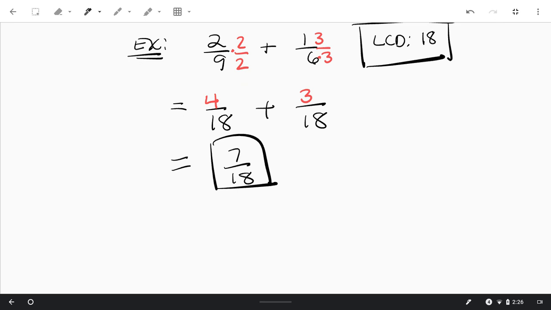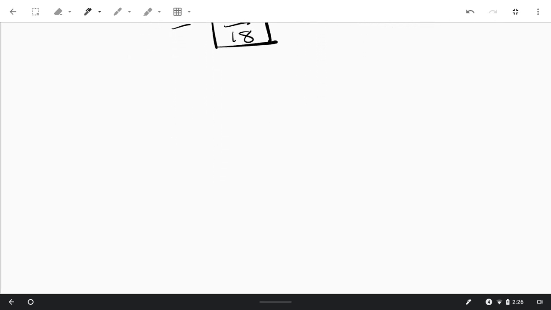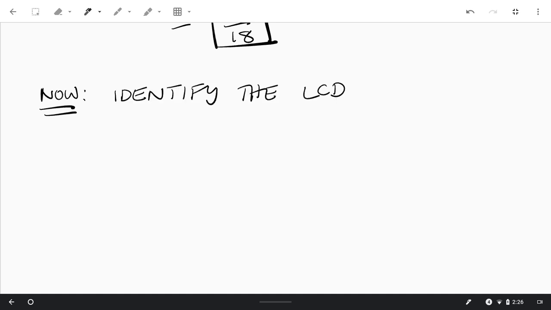Okay, so let me write down the steps on how you can identify the LCD. The first thing that you're going to do is factor your denominators completely.